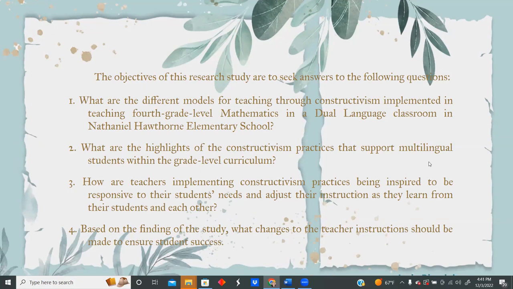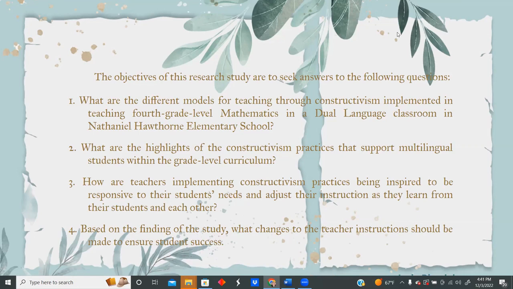So how are the teachers implementing constructivism practices being inspired? Responsive to your student needs, okay, changes. So maybe, ma'am, we can look for some theories so that we can have our variables to be used in our statement of the problem, right, ma'am? Okay. We can read many theories.